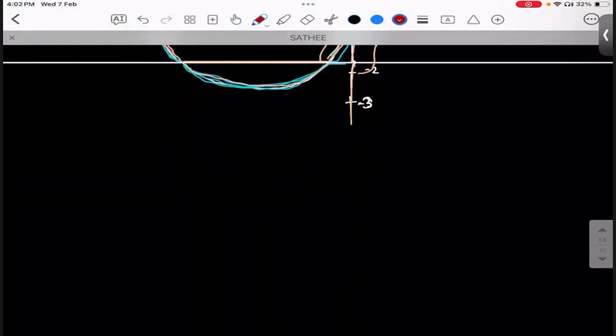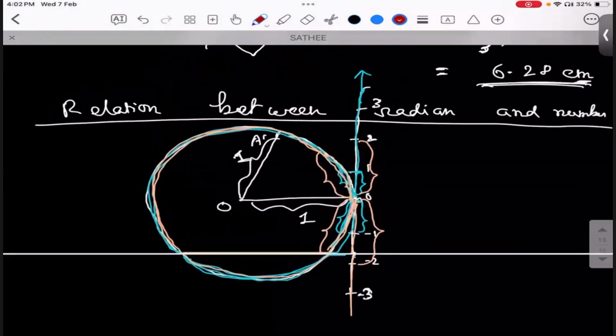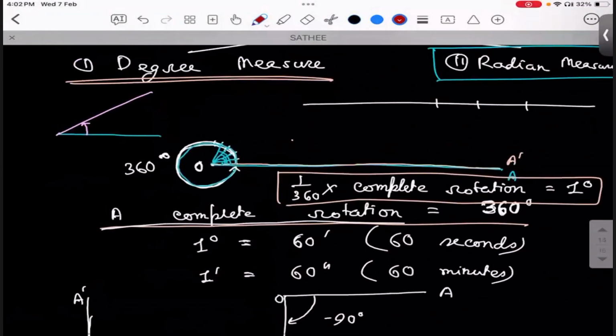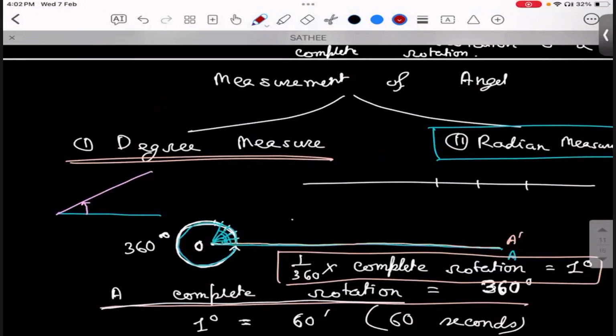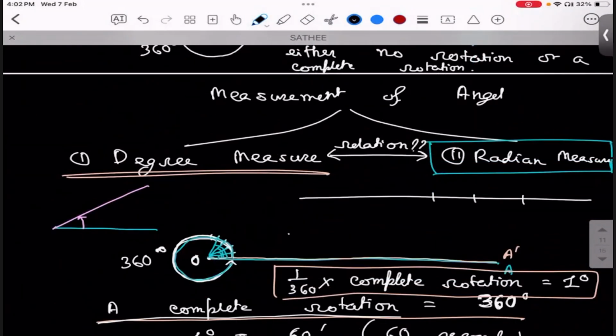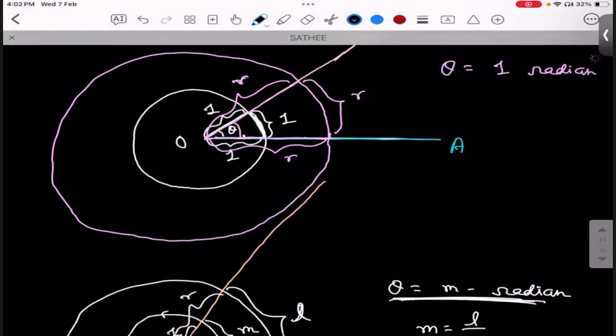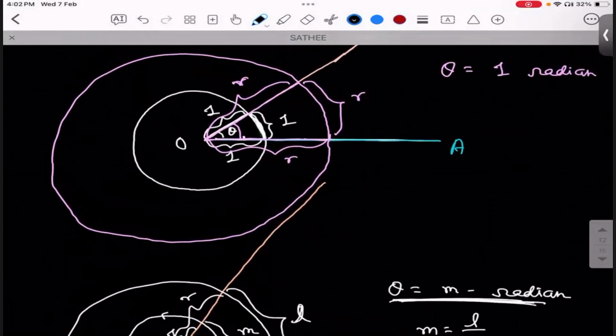Now, what is the relation between these two angle measurements? What is the relation? So just come here and look at the white circle. The white circle is the circle of radius 1. So what is the length of this perimeter?